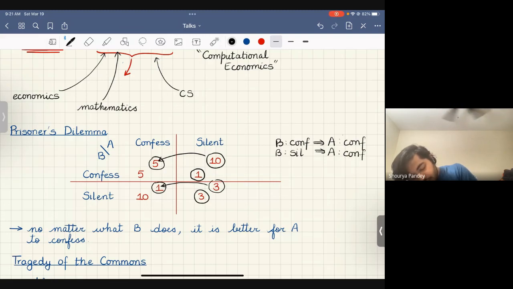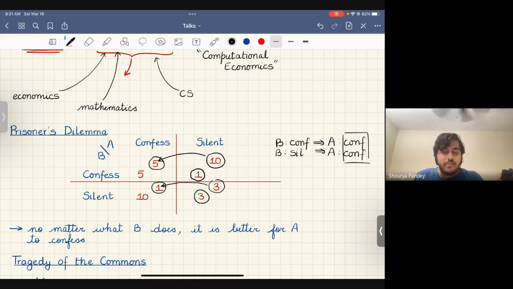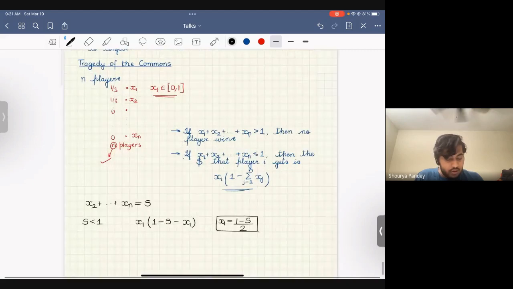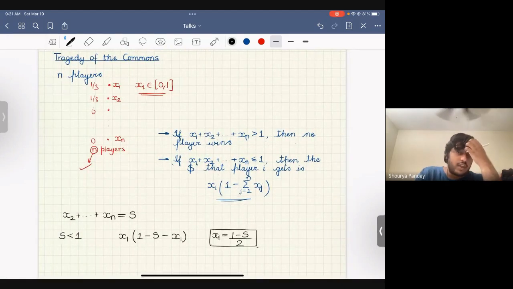And so this remains the same throughout. So A can simply confess, knowing that it's the best possibility given that B's choice is fixed, right? But that's not true here. So there's some fundamental difference between these two problems.